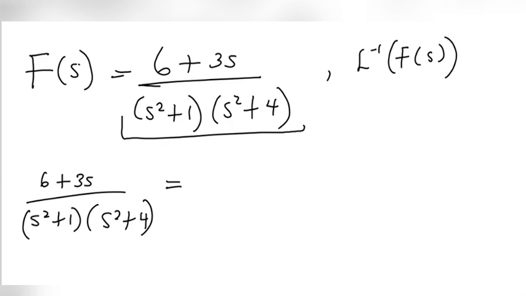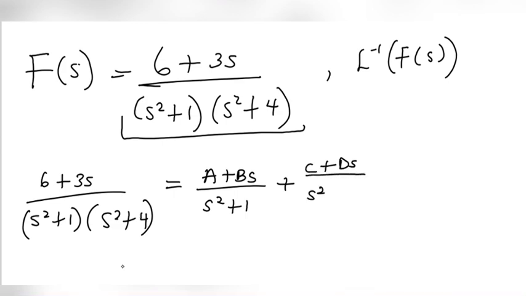And this is going to give us something in this form: a plus bs over s squared plus 1 plus c plus ds over s squared plus 4. And so here we're going to find the values of a, b, c, and d.